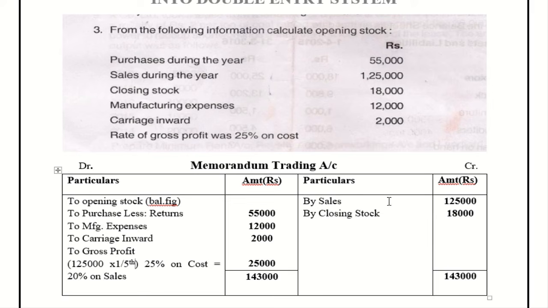Now let us make the total. On the credit side you will get 1,43,000 and on the debit side there is a shortage of 14,000. The shortage is the balancing figure, the opening stock. They asked to calculate the opening stock, so we have found that opening stock is 49,000 rupees.